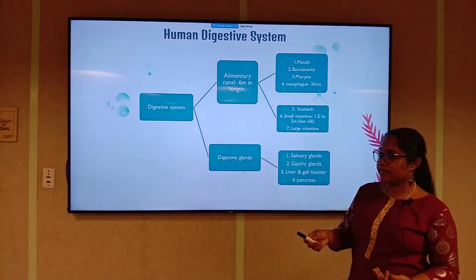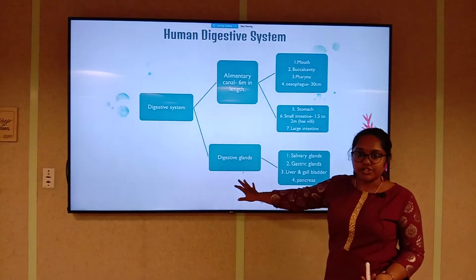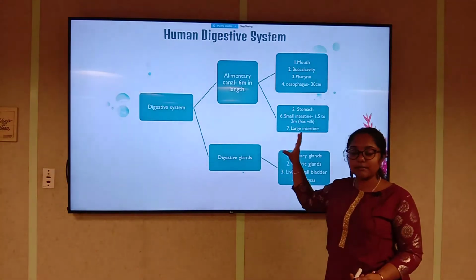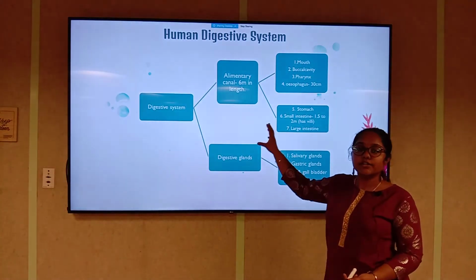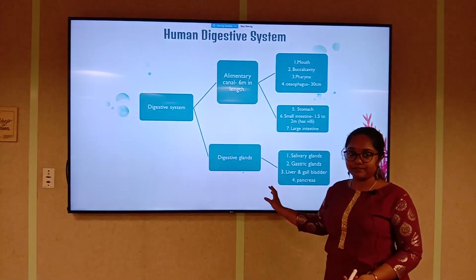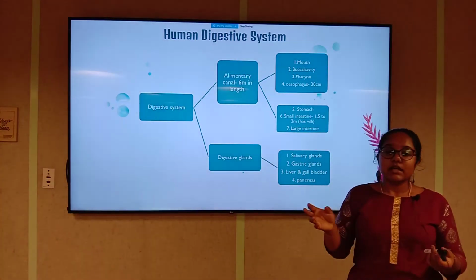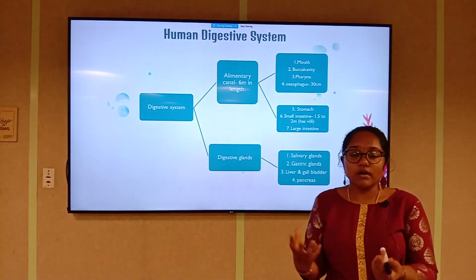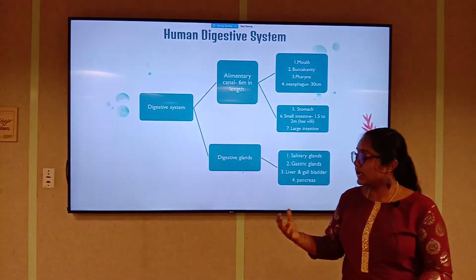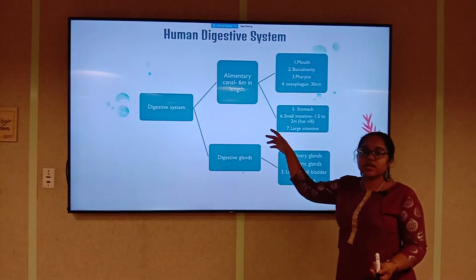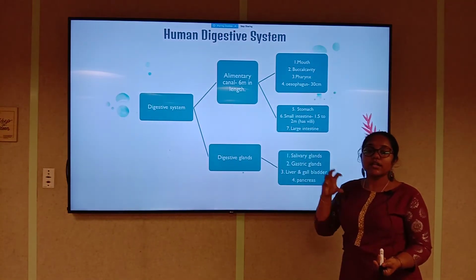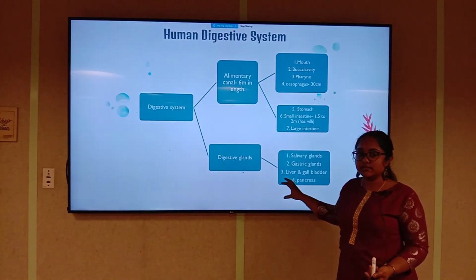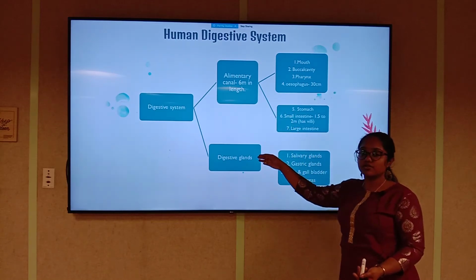In the same way, to perform nutrition, we have a whole system, a complete system called the human digestive system. When we say system, it is working together, or the coordination of different organs. The organs included in the digestive system have been segregated into two.